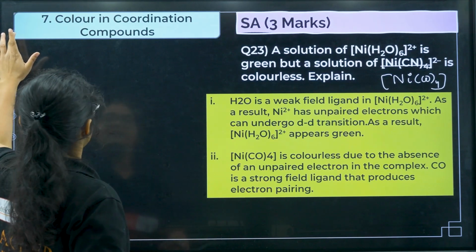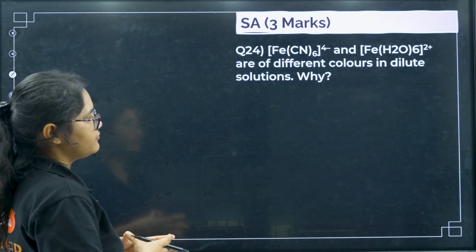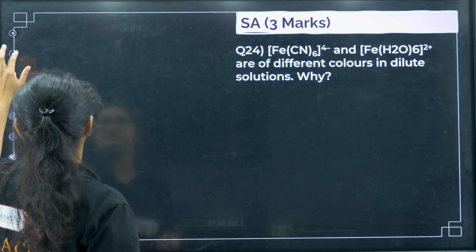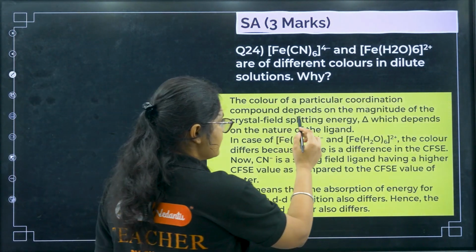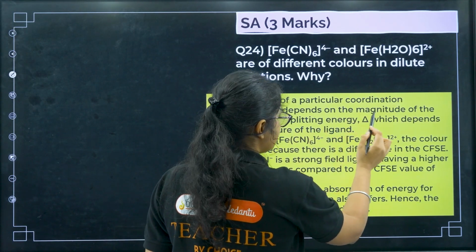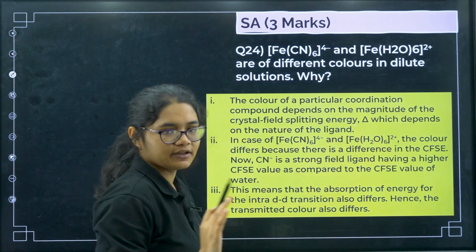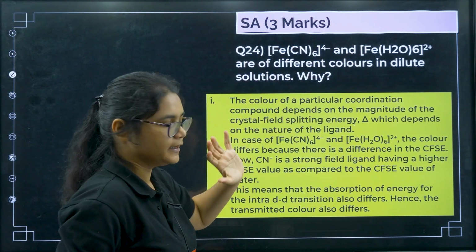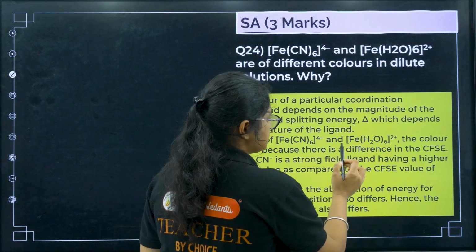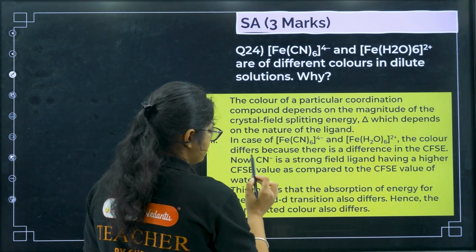Clear? Next, Fe(CN)6 4- and Fe(H2O)6 2+ are of different colors in dilute solutions. The color of a particular coordination compound depends on the magnitude of the crystal field splitting, which depends on the nature of the ligand. CN is a strong field ligand, H2O is a weak field ligand. So in the case of Fe(CN)6 and Fe(H2O)6, the color differs because there is a difference in the CFSE.